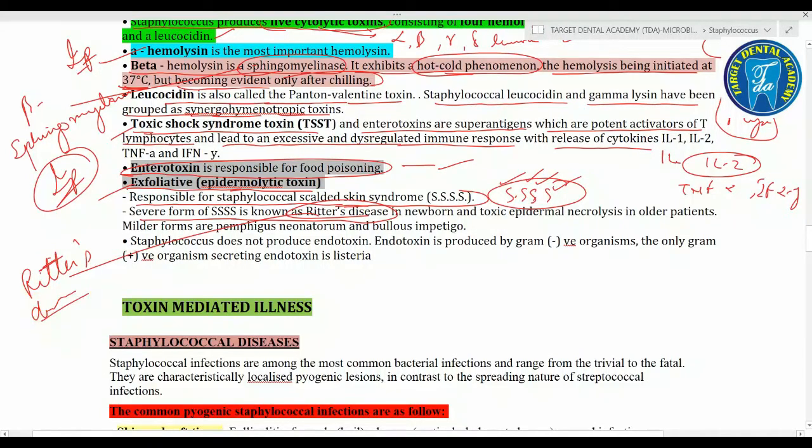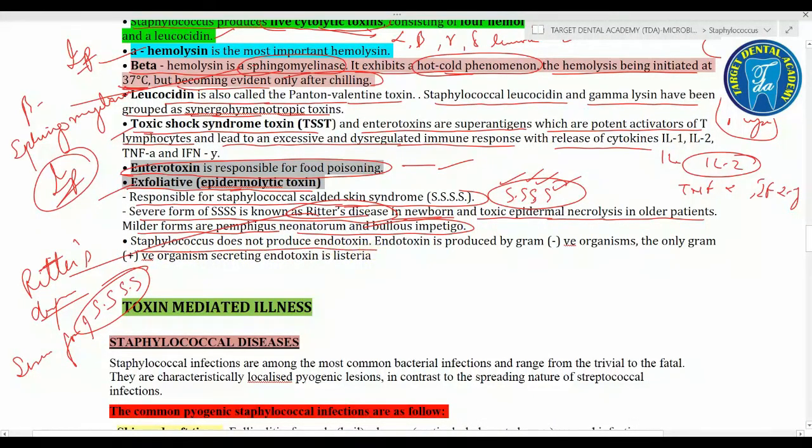What is Ritter's disease? It is the severe form of the staphylococcal scalded skin syndrome in the newborn, and toxic epidermal necrolysis in the older patient. The milder forms are pemphigus neonatorum and bullous impetigo.